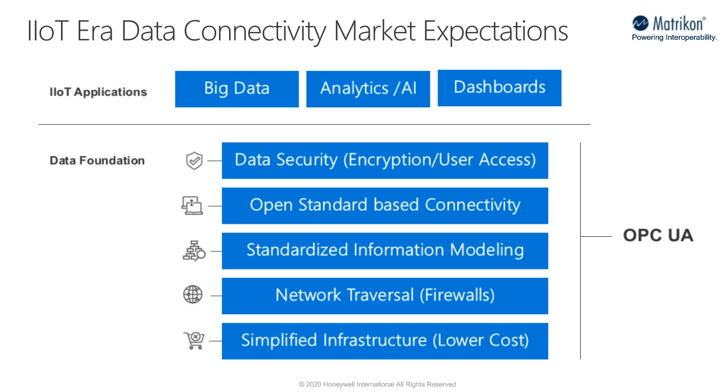Now, this is not much of a spoiler alert, but basically all of these aspects of what's needed in a modern data connectivity standard actually come nicely together, packaged into something called OPC UA. From the OPC Foundation, OPC UA is a standard that really has matured from years of experience working with a simpler, previous version, which we call OPC Classic.